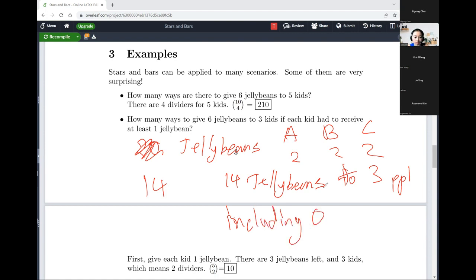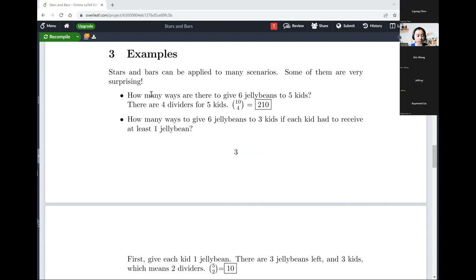If you know the formula, it should be 14 plus 3 minus 1 choose 3 minus 1, because this is the total amount of objects, and this is how many dividers you have. So yeah, on to the next problem.